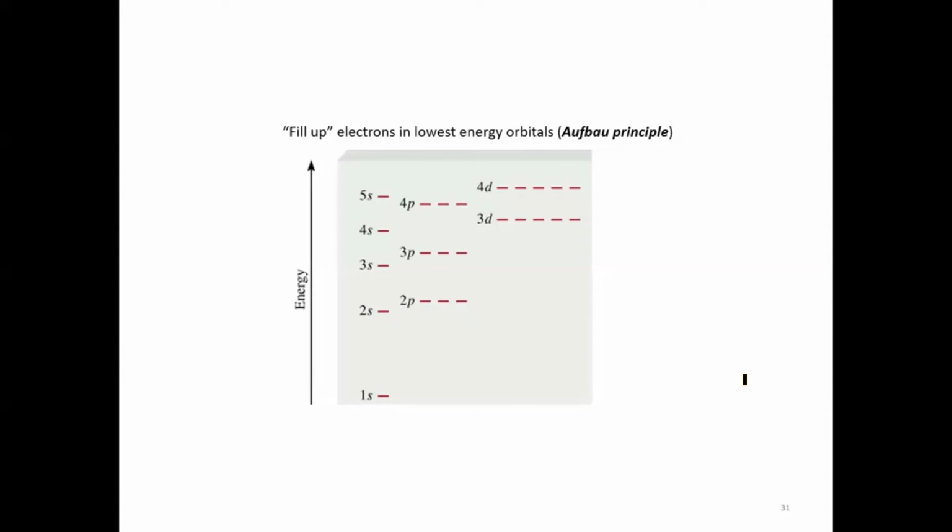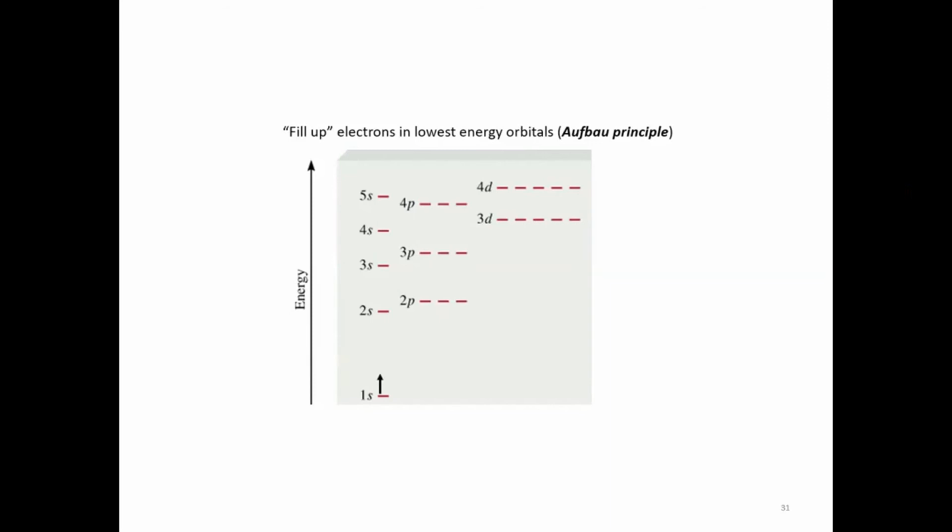For example, let's start with the first one, which is going to be hydrogen. Hydrogen has 1 electron. The principle here is that you have to start placing the electrons in the lower energy levels and then work your way up. So I'm going to put it in the 1s subshell. I'm going to put it spin up, but I don't have to.